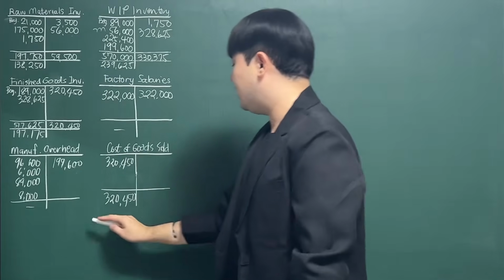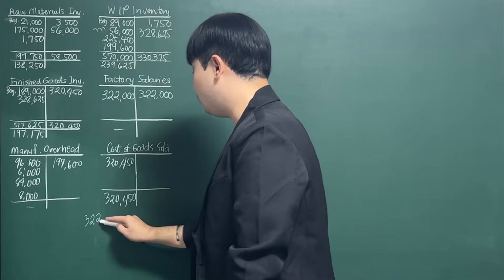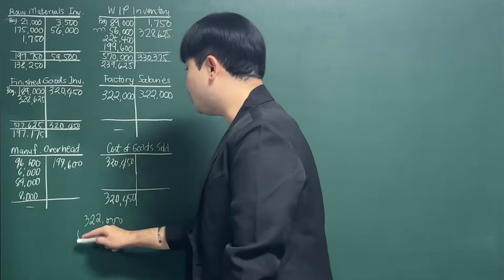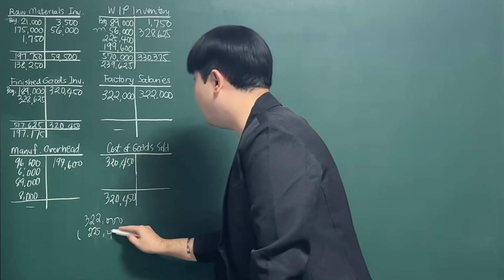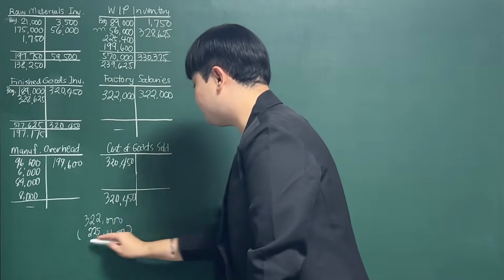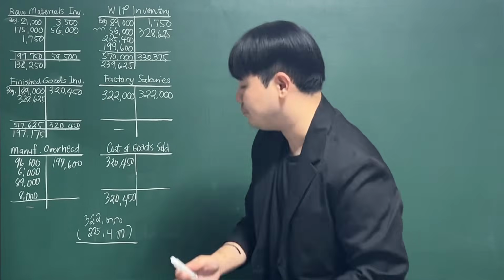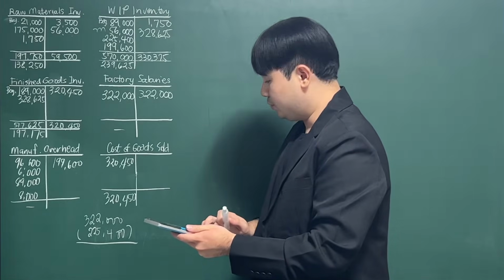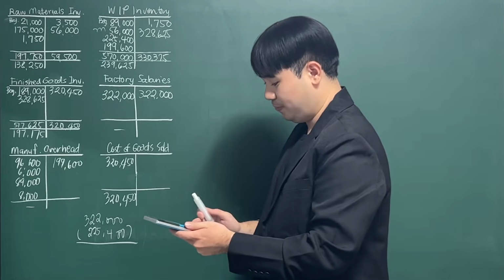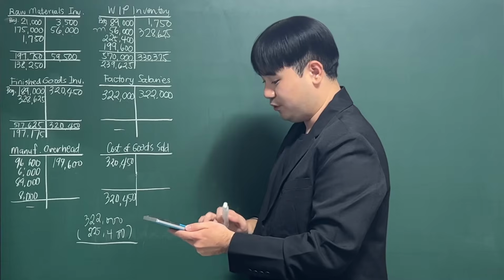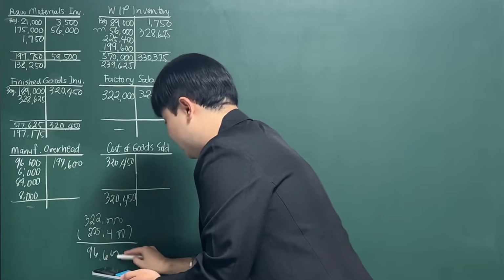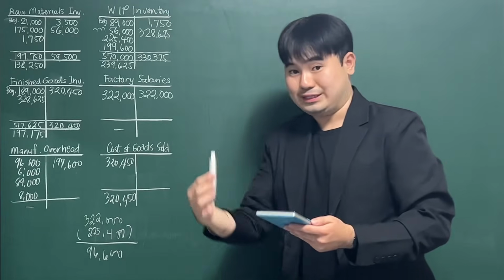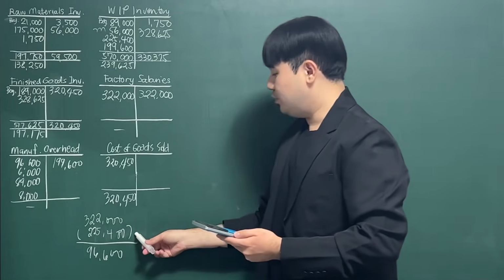If your factory salaries is 322,000, let's try deducting 225,400. Let's see what you will get. So 322,000 minus 225,400, we have here 96,600. Now, let's look for that amount.